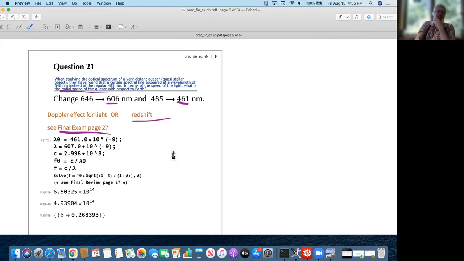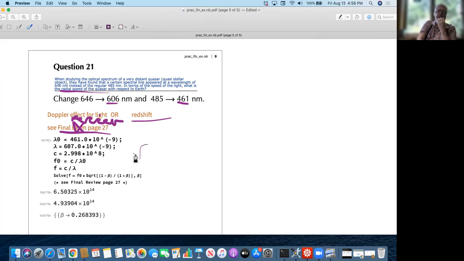But anyway, the equations for the Doppler effect for light are on the last page of the final review. That final review page on Lon-Capa has this equation for the Doppler effect. So let's see what it is.